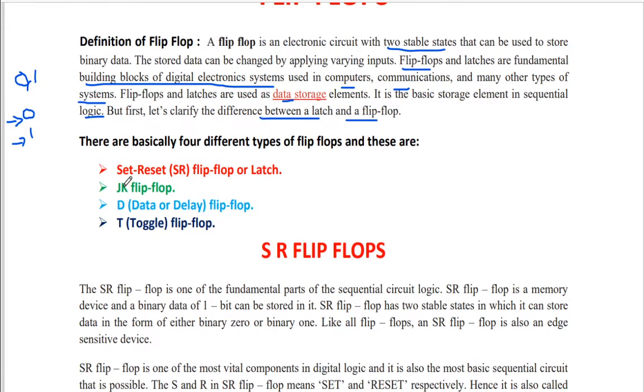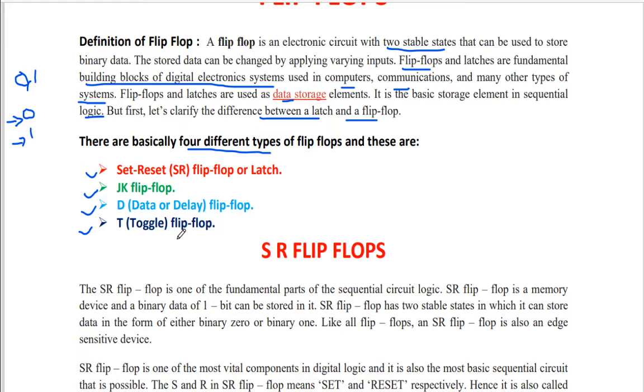When we talk about flip-flops, students, there are four different types of flip-flops available. We call them the SR flip-flop, the JK flip-flop, the D flip-flop, and the T flip-flop. The SR flip-flop is also known as the set reset flip-flop. The name JK is named after the person who designed that particular flip-flop.